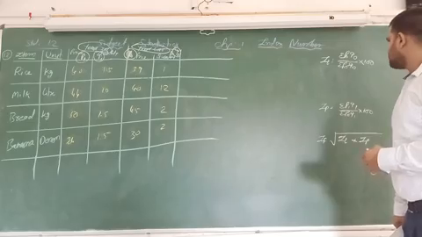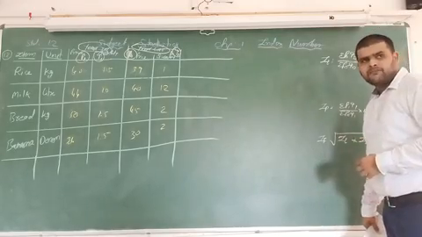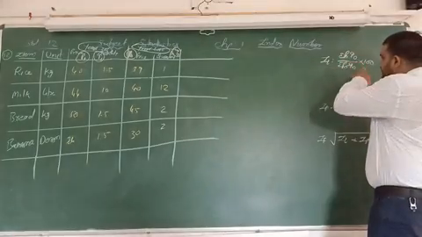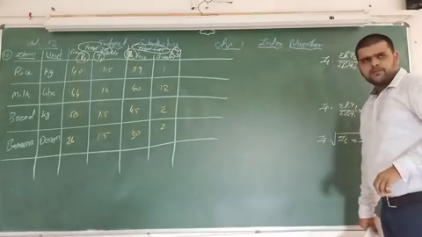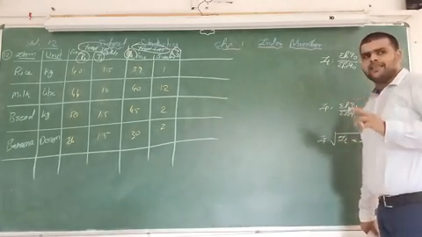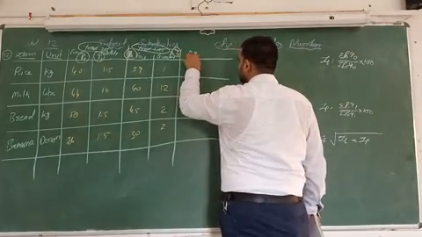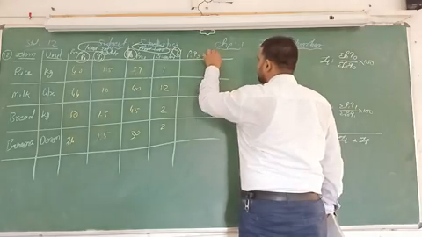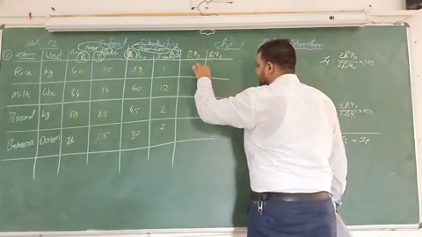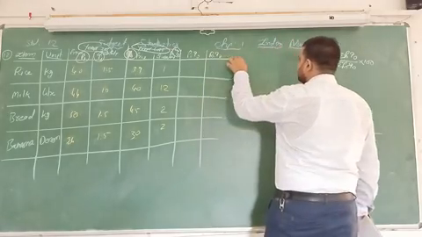First of all, the Laspeyres index number, what is the formula? Sigma P1 Q0 over sigma P0 Q0. So now we have to find out two things: number one, P1 Q0, and P0 Q0 for the Laspeyres index number.